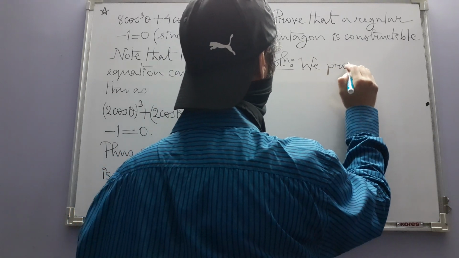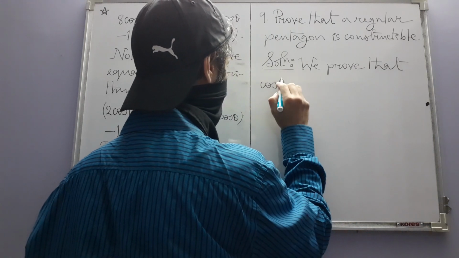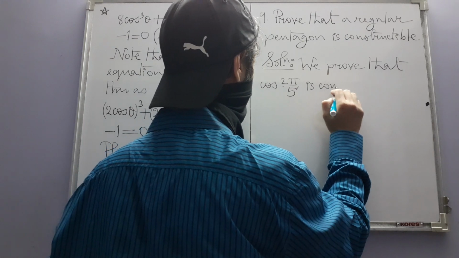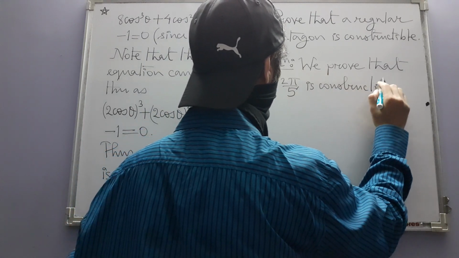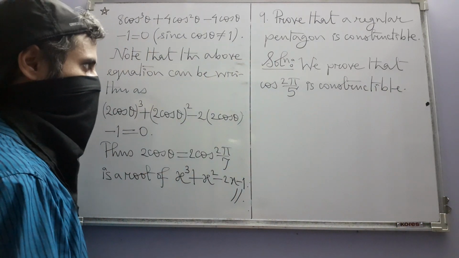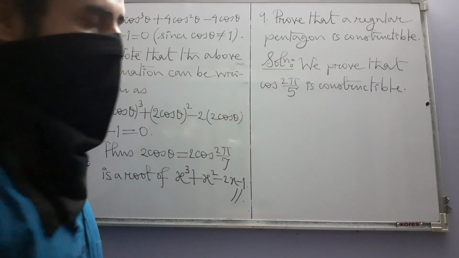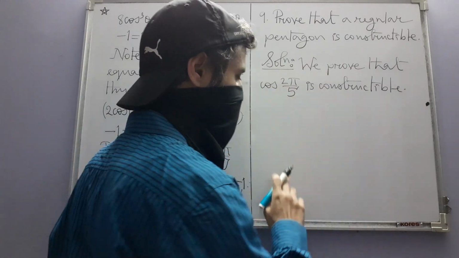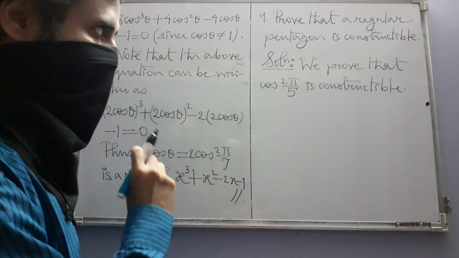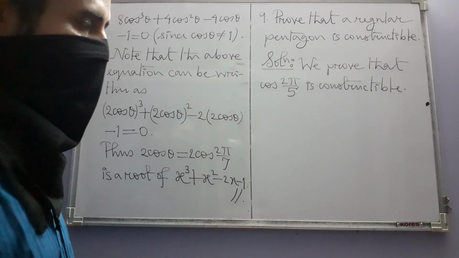We prove that this is constructible. If it feels like a pain to write "is constructible" every time, you can also use the other way of writing this, that this thing belongs to capital W, because by capital W the author means the field of constructible numbers. So that way also you can write.